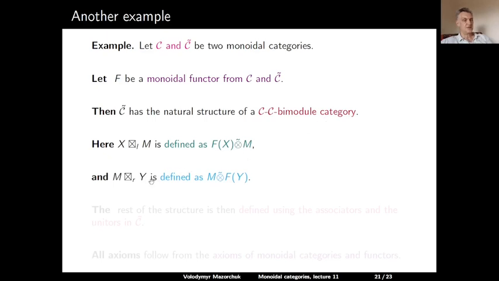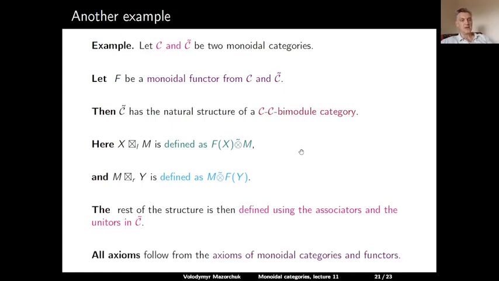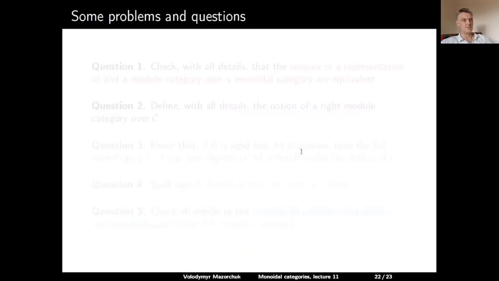The right action of C is defined as follows. An object Y in C acts on the right of M tilde via M tilde tensor with F of Y. And the rest of the structure is defined using the associators and the unitors in C tilde. And all axioms follow directly from the axioms of monoidal categories and monoidal functors.